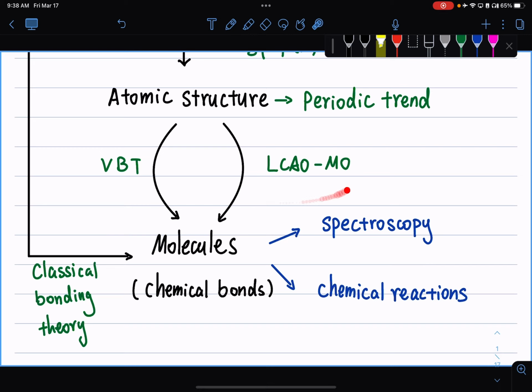And then we try to give a more quantum-based description on the bonding theory. You have valence bond theory, you have the LCAO-MO theory. So these theories have different fundamentals. The valence bond theory, we're taking the product of the singly occupied atomic orbitals.